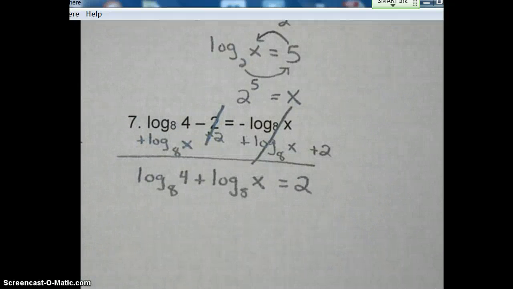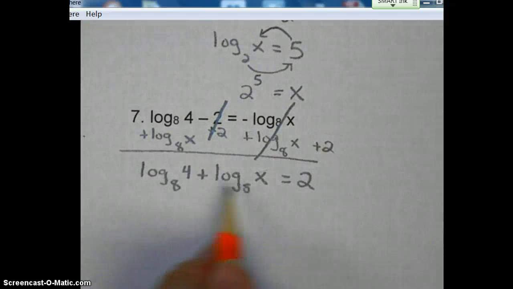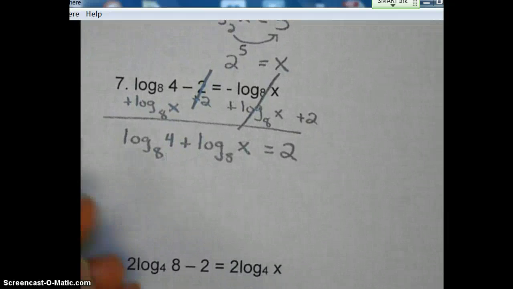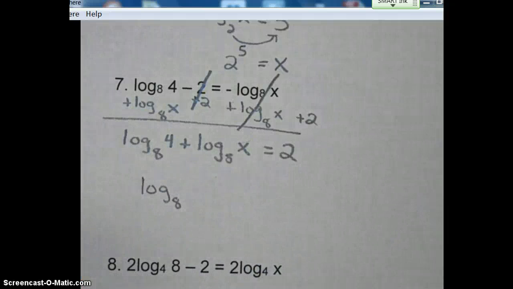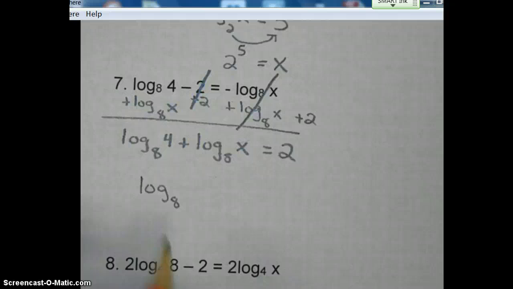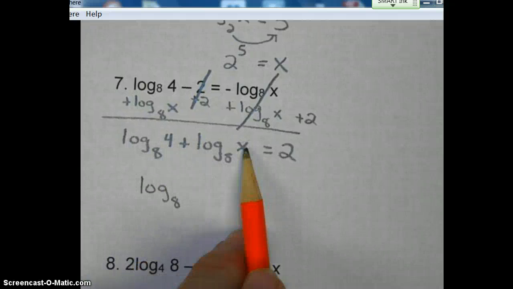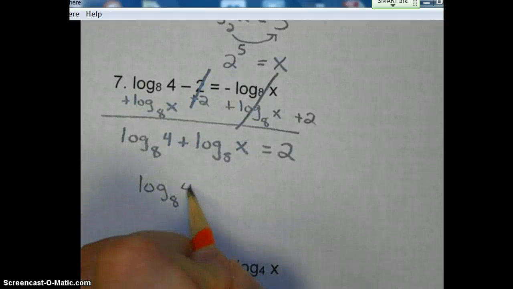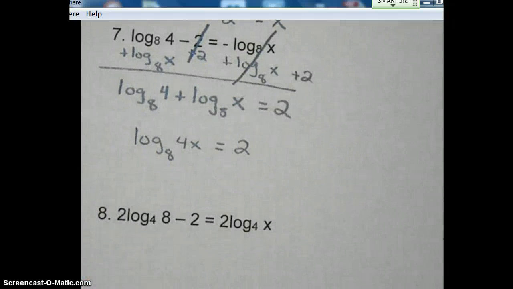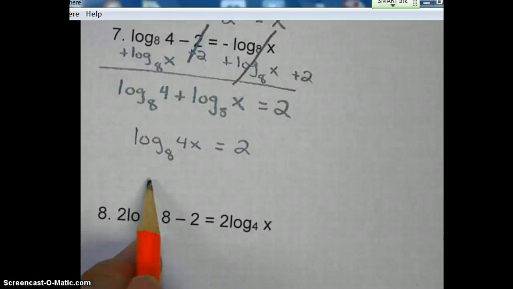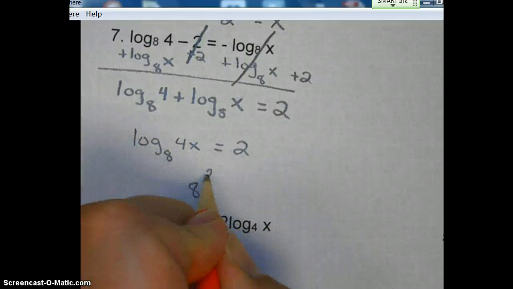You have that. Notice my bases are the same, very important. Okay, picking up the pace here just a little bit, using the product property of logarithms, we are going to multiply our arguments here. Now we can go ahead and change it to exponential form.